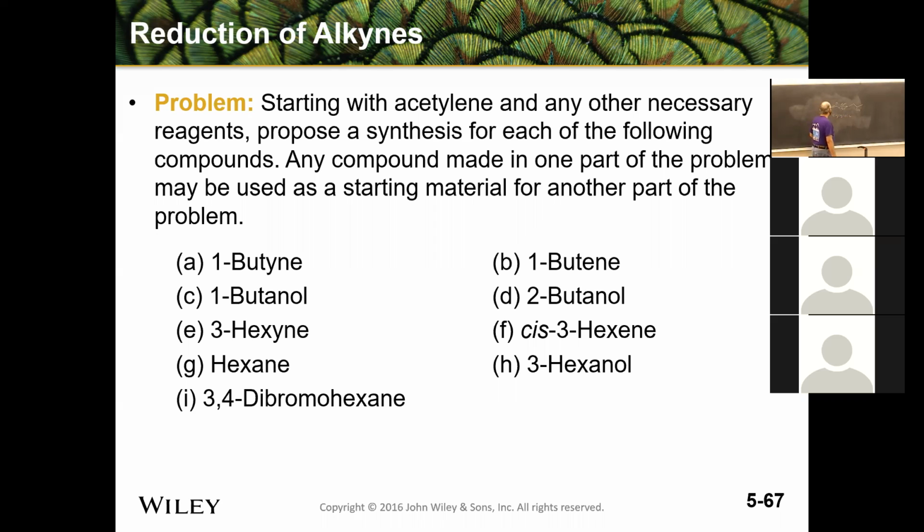All right, so for this one, let's do NaNH2, liquid ammonia. That would remove this hydrogen. And we want 2 carbons and a halogen. I'll choose bromine this time. And that would give us 3-hexyne.